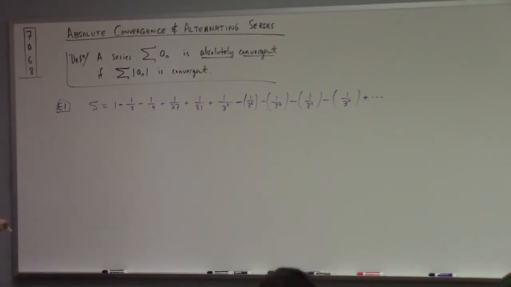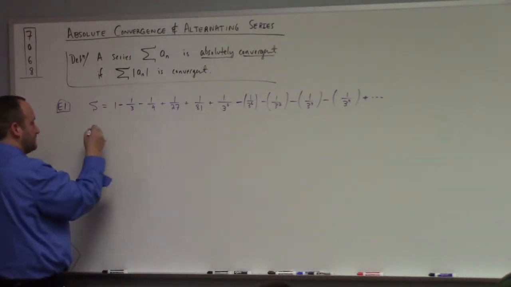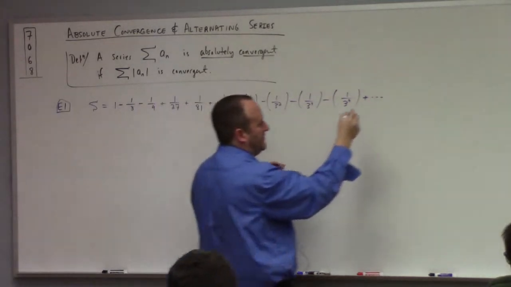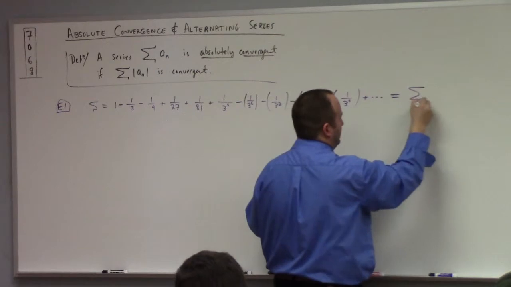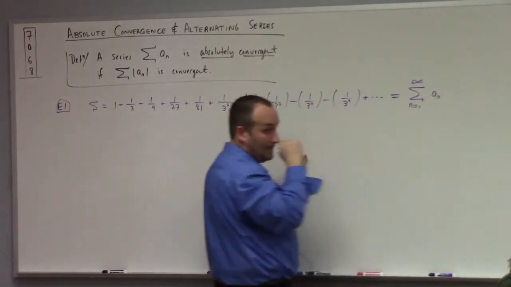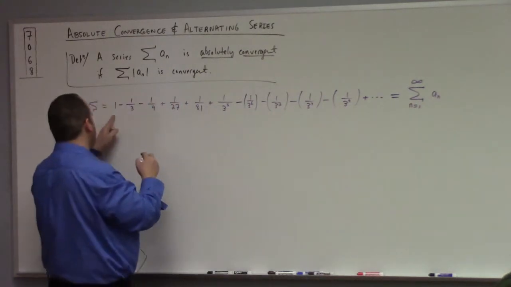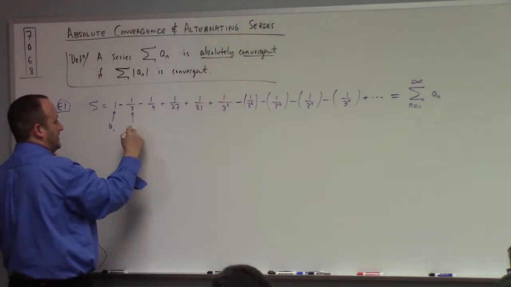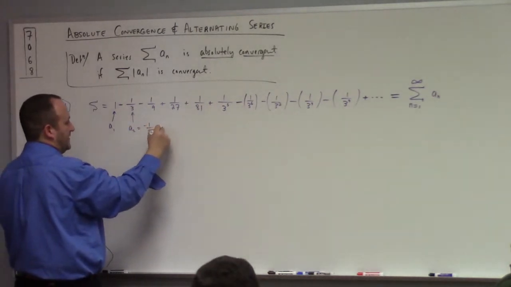If you take the absolute value of this, so here, I don't want to write the formula down, right? I just want to say that this is the sum n equals 1 to infinity of a sub n, all right? So I'm thinking, like this is a1. This is, a2 is minus a third, etc.